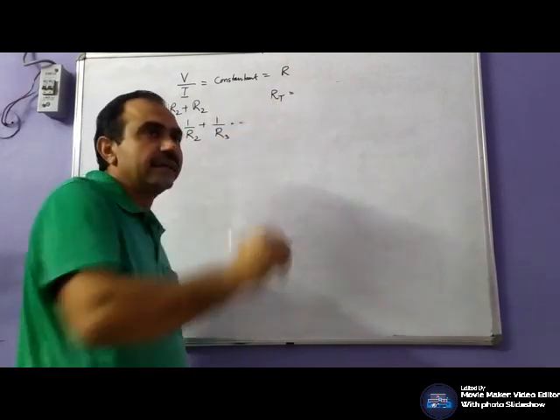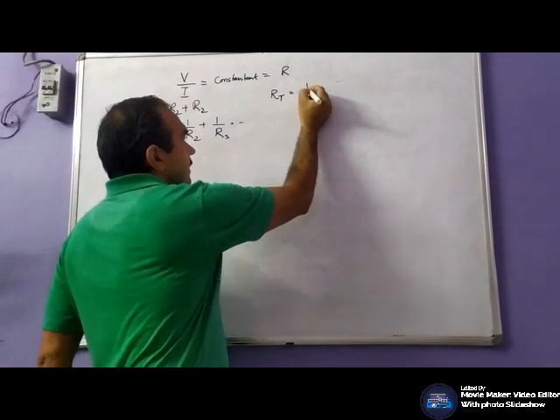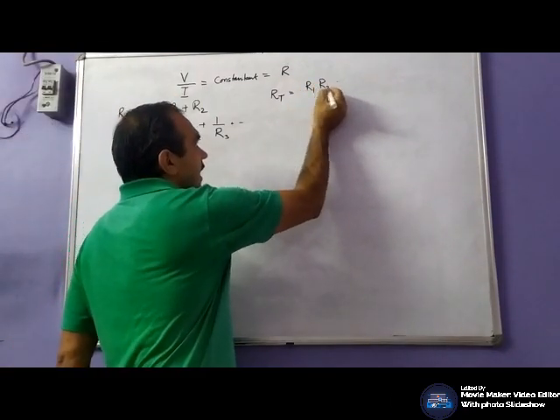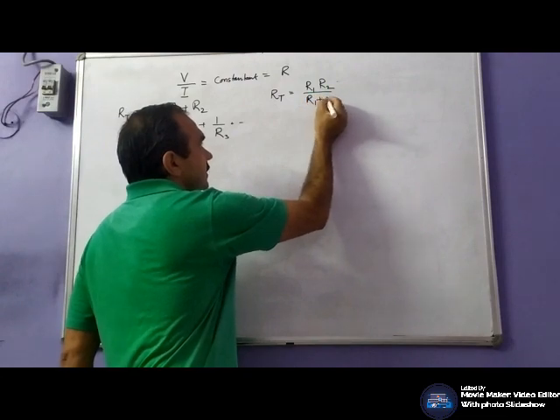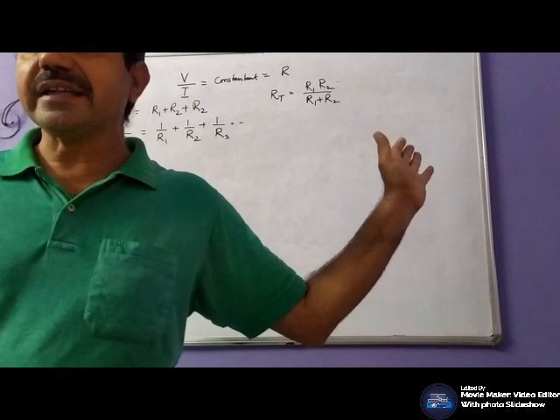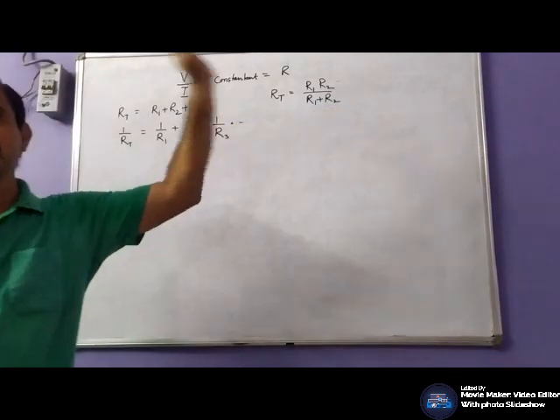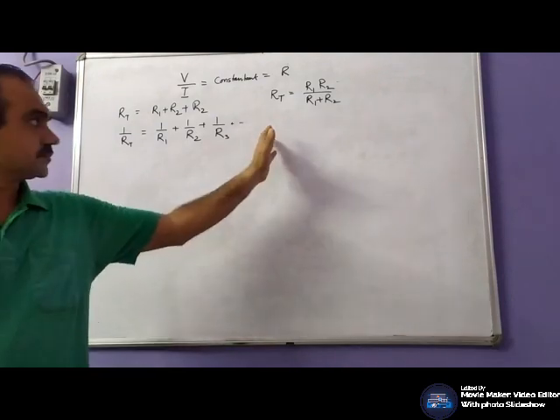Thereafter we discussed that if two resistances are connected in parallel, we can simplify it. In place of having reciprocals, we can directly find the equivalent resistance: the product of the resistances divided by the sum of the resistances.